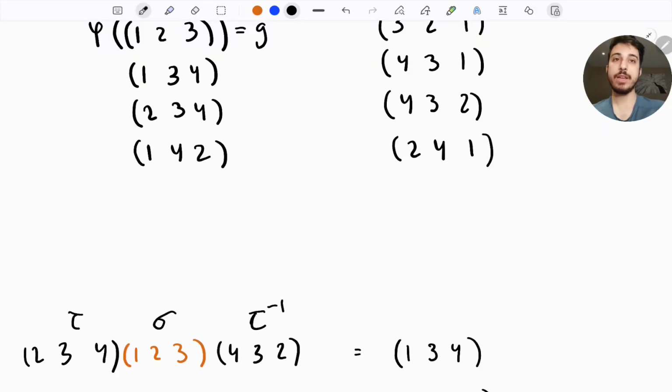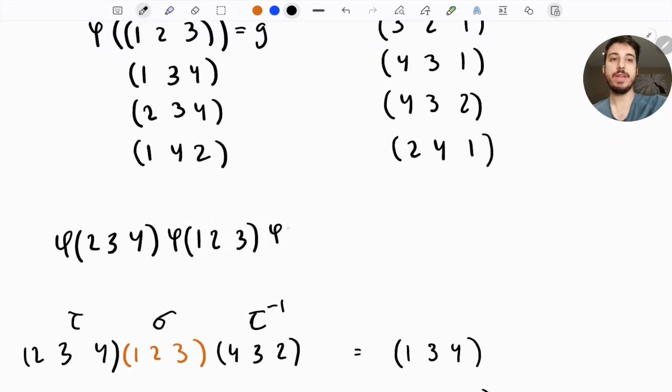And if I apply phi of that, then I get back phi of (2, 3, 4) times phi of (1, 2, 3) times phi of (4, 3, 2). But I know (4, 3, 2) is (2, 3, 4) inverse. And I can use the property of homomorphisms.